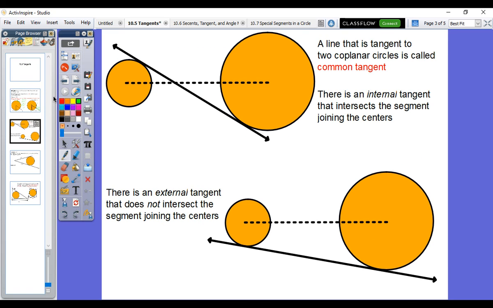Now, some more information on this. You have interior common tangents or exterior ones. Interior means if this tangent line goes diagonal like this and touches each circle, it's an interior tangent, because it goes between them. Exterior tangents stay on the outside, whether on the bottom or on top.